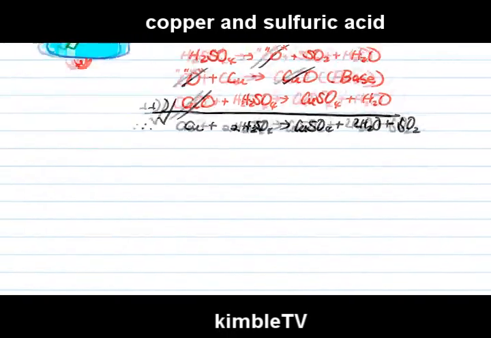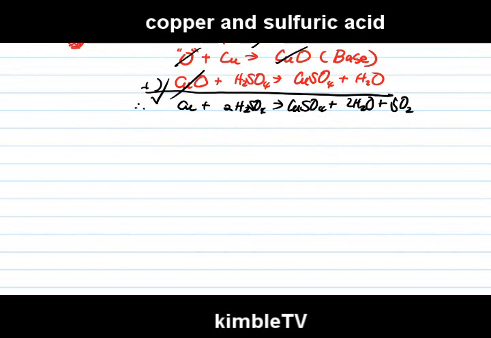The next one, I will show the process of using electrons. In the case of sulfuric acid, it is an aqueous solution, so I can express it as a net ionic equation: 2 hydrogen ion and sulfate ion.